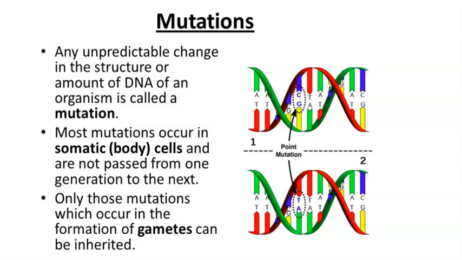So for example, if you are lactose intolerant, it means that somewhere way far back in your family history, there was a mutation that caused your body to not produce the protein known as lactase.